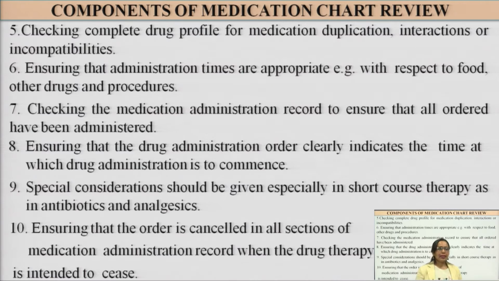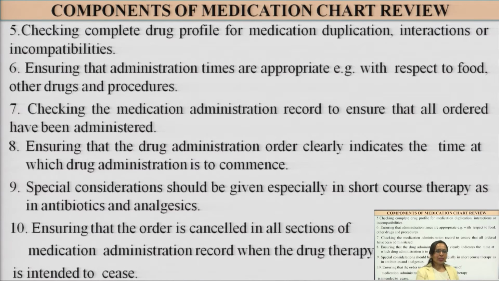Then the next thing is checking the medication administration record to ensure that all orders have been administered. The next thing is ensuring that the drug administration order clearly indicates the time at which drug administration is to be commenced, whether before a meal, before going to bed, or just before breakfast on an empty stomach. The time of administration has to be ensured.